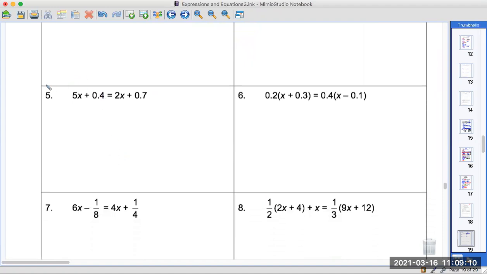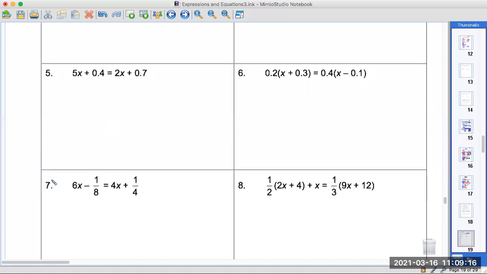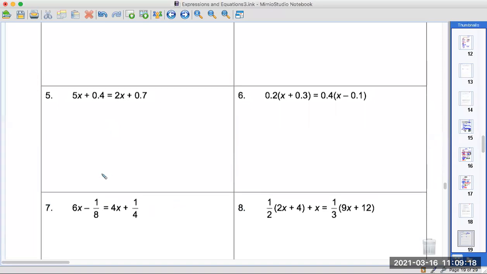These you just use a calculator for sure with those decimals, but I'm going to show you what you can do to get rid of the decimals. Definitely I'm showing you these two, okay? Fraction buster on these. Don't write that yet, later maybe, because I want to have some room.